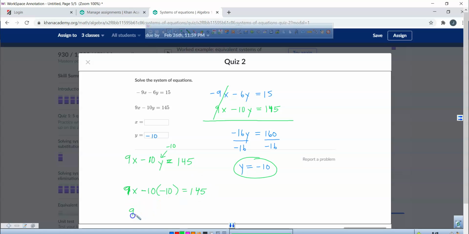So we got 9x plus 100, because a negative times a negative is a positive, and that equals 145.